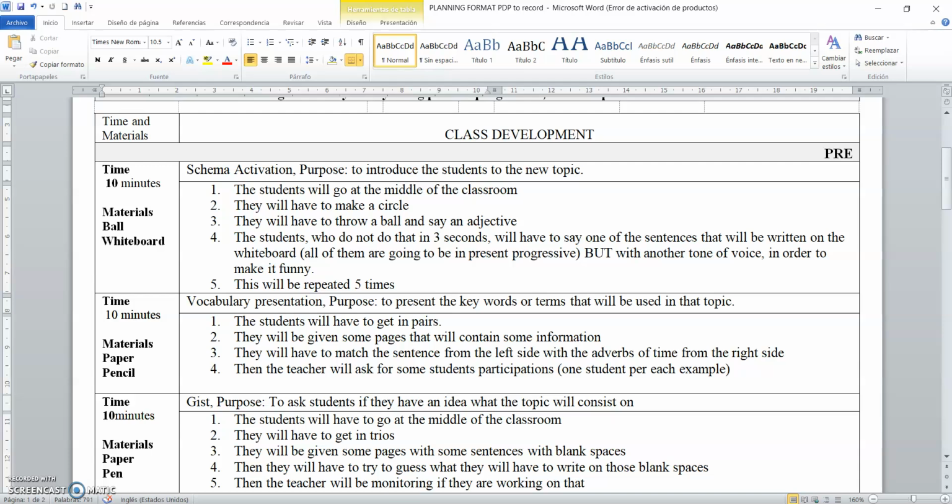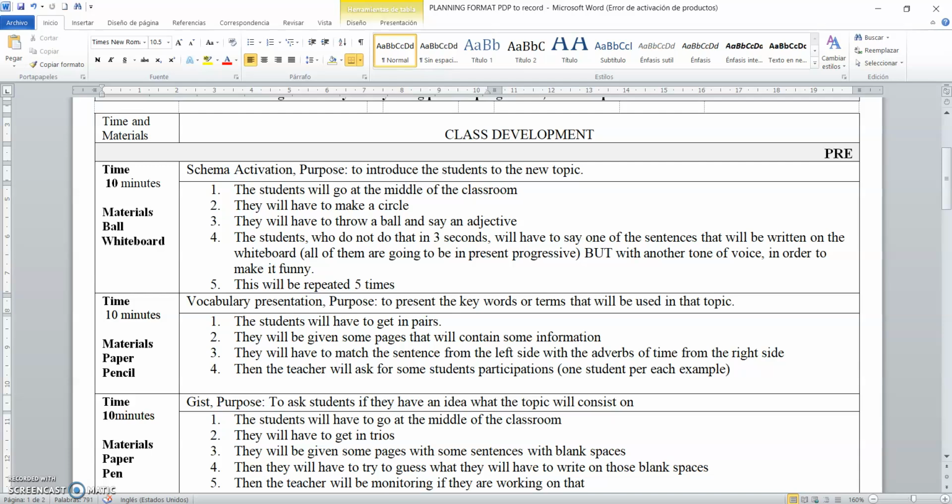The fourth step says the students who don't say the adjective in 3 seconds will have to say one of the sentences that will be written on the whiteboard. All of them are going to be in present progressive, but with another tone of voice in order to make it funny.